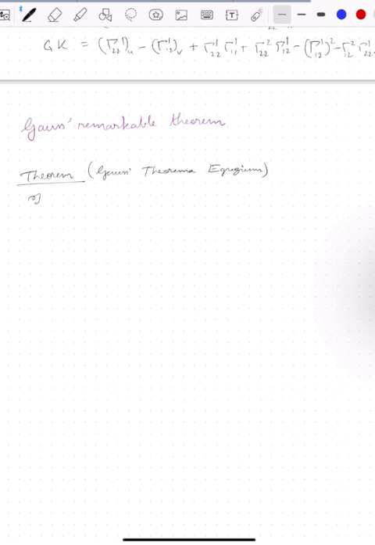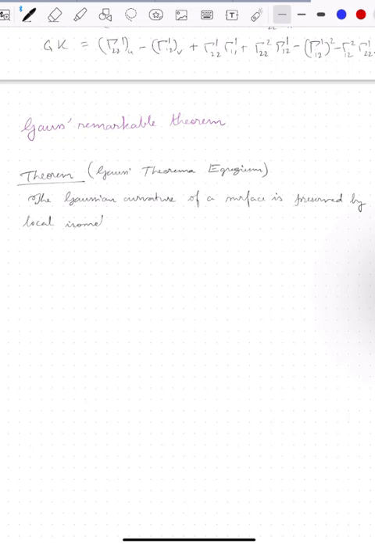It states that the Gaussian curvature of a surface is preserved by local isometries.